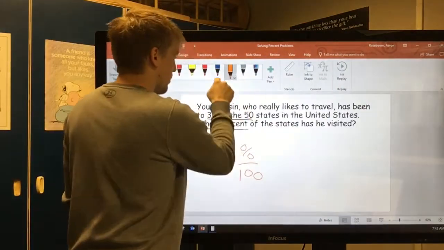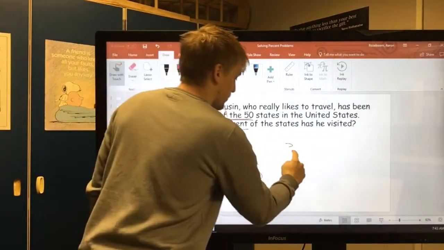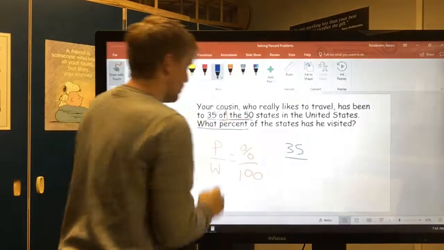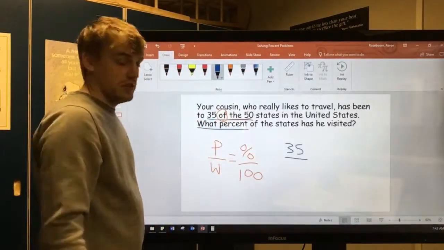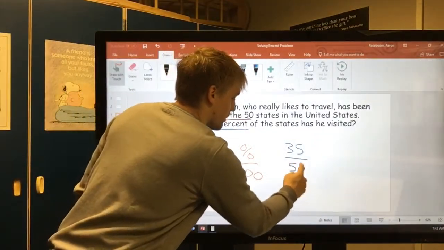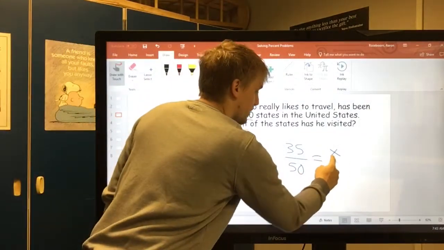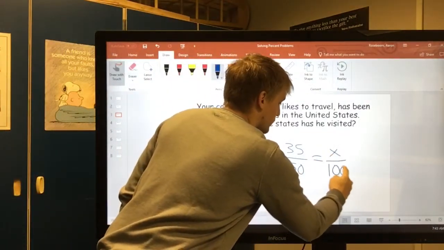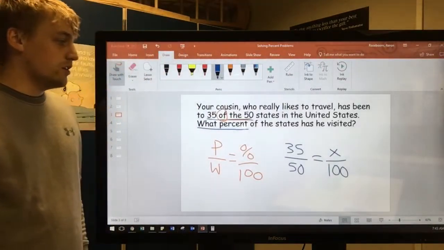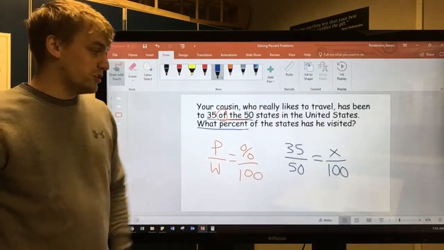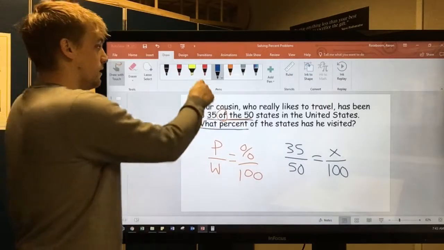So I'm going to put 35 over the whole would be of the 50 states. Okay, the percentage is what we're looking for, so we're going to put an X there, and then we're going to have 100. Okay, so now this is just a proportion that we can cross multiply and divide.